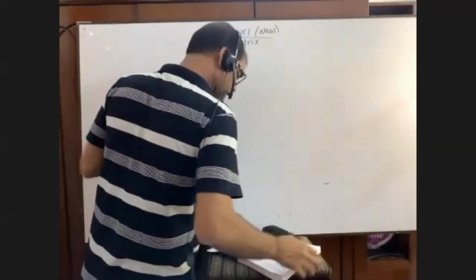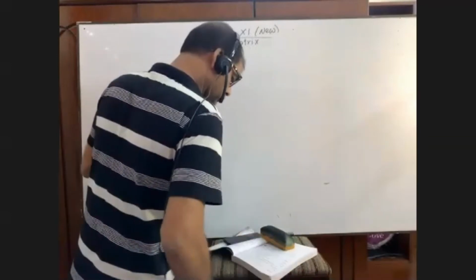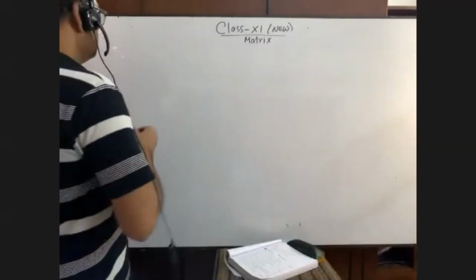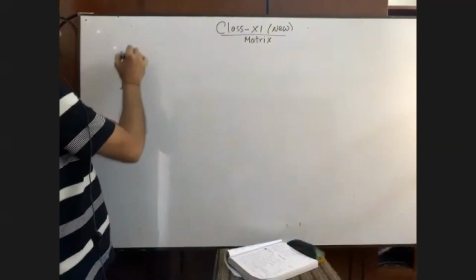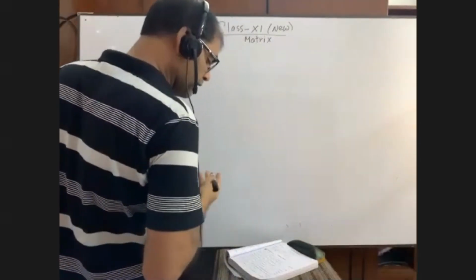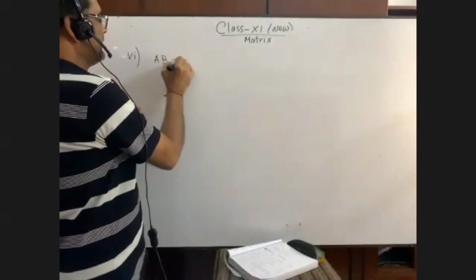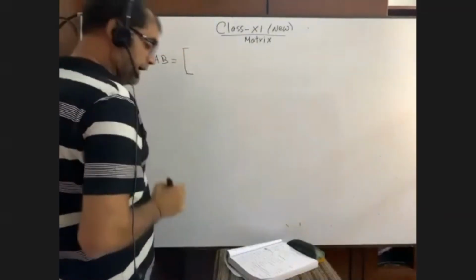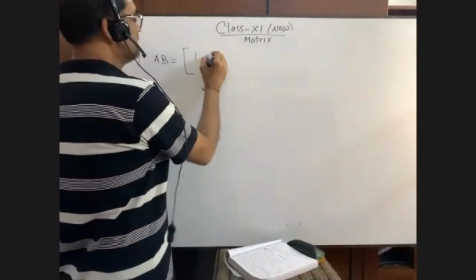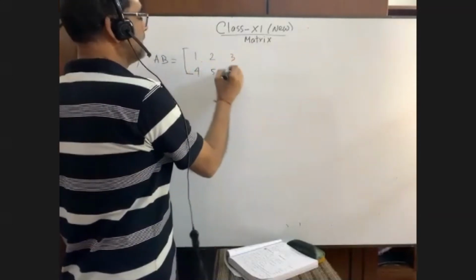Now we are going to question number 6. That is, I am going to write down AB. AB is given in the question: 1, 2, 3, 4, 5, 6.